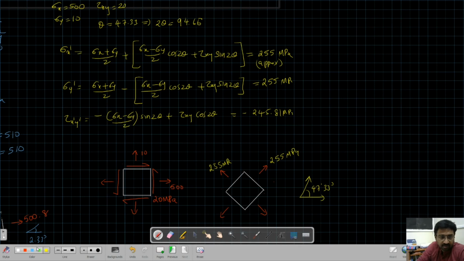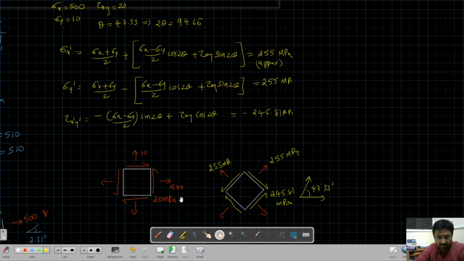And the shear stress is showing negative, so we have to show it like this. It is equal to 245.81. Okay, so this is the solution to this.